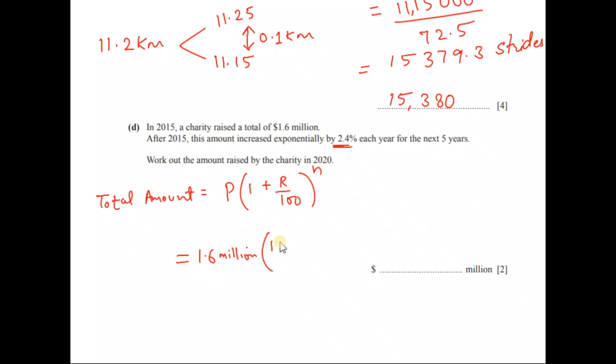It is 1.6 million, and 1 plus rate, given as 2.4 divided by 100, to the power of time, which is 5 years. When you put the values in the calculator, you will get your answer as 1.80 million. So the answer would be $1.8 million.